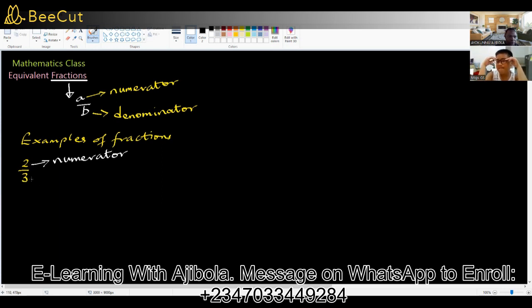And what is the denominator? The denominator is 3. That's correct. Let me write another fraction, 7 over 9. In this fraction, what is the numerator? The numerator is 7. Good.